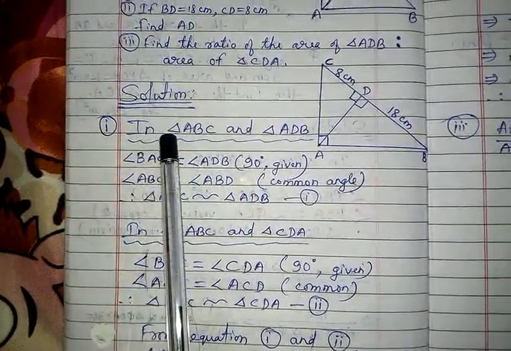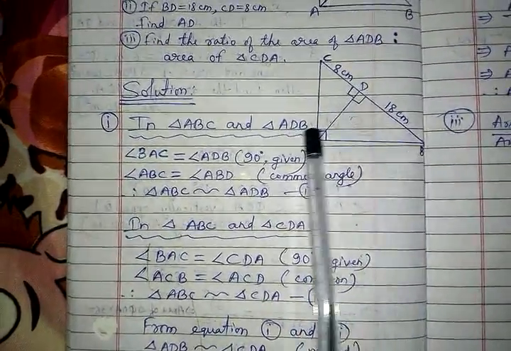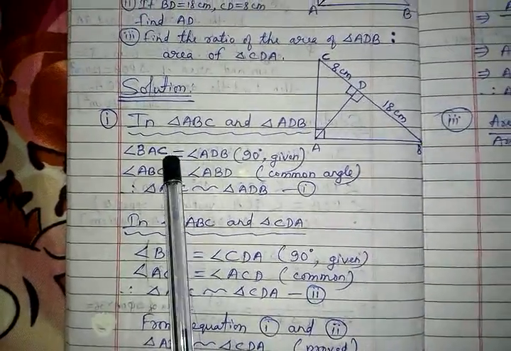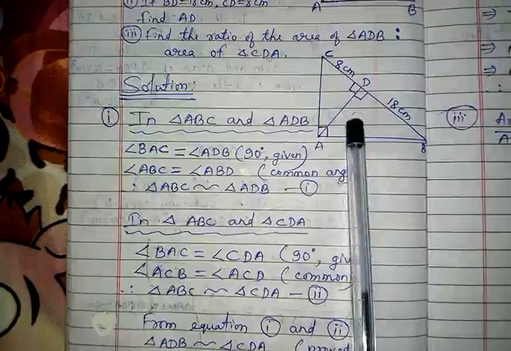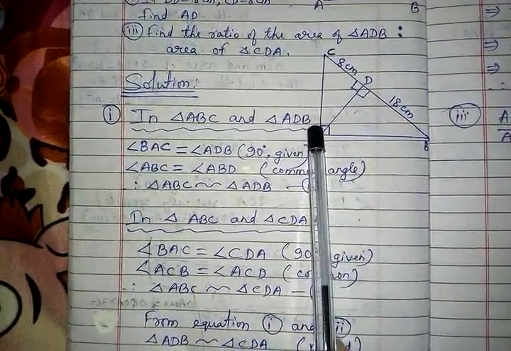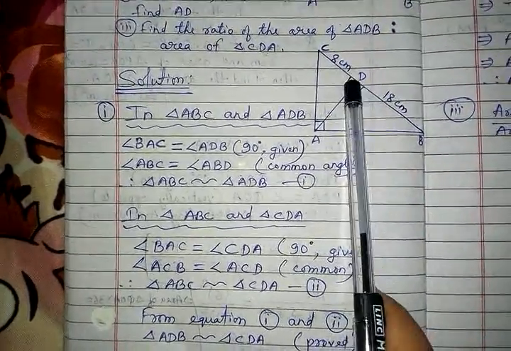So in case 1, triangle ABC means the whole triangle, and triangle ADB means the smaller one, the down part. In these two triangles, angle BAC is equal to angle ADB. BAC you know is 90 degrees, and angle ADB is also 90 degrees.